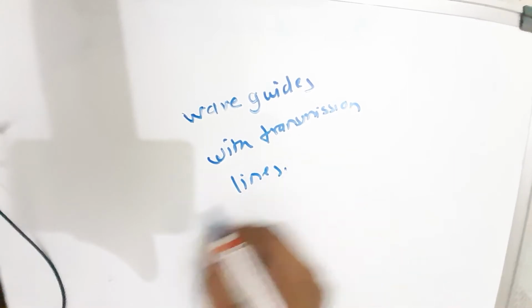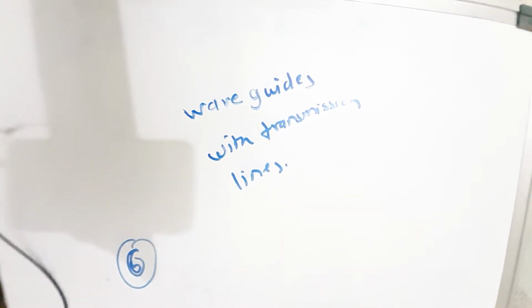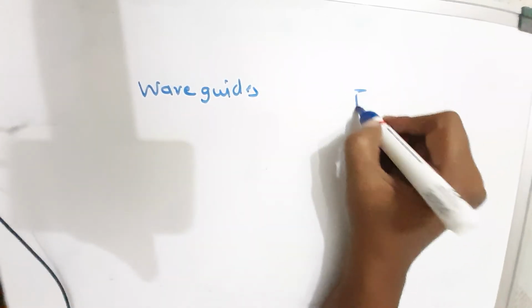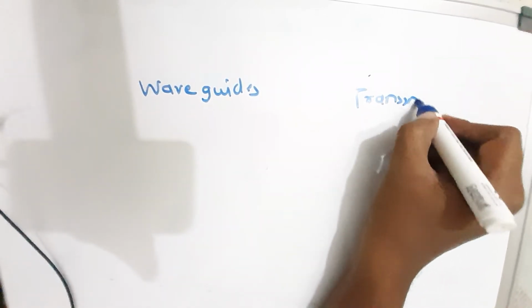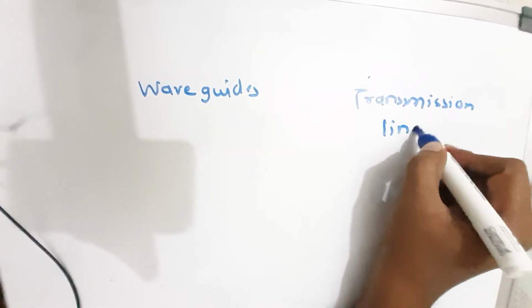Here we have a total of 6 points to cover. So what is a waveguide? And what is a transmission line?